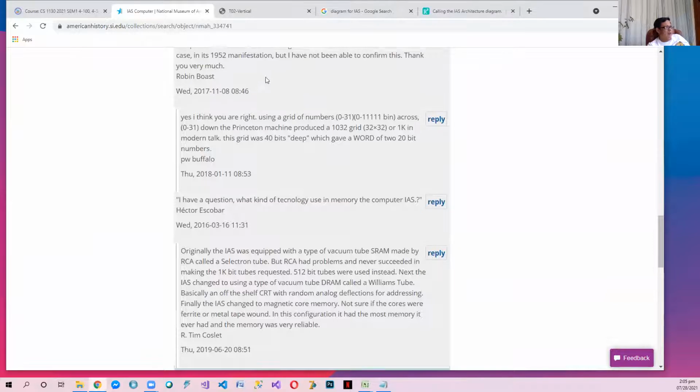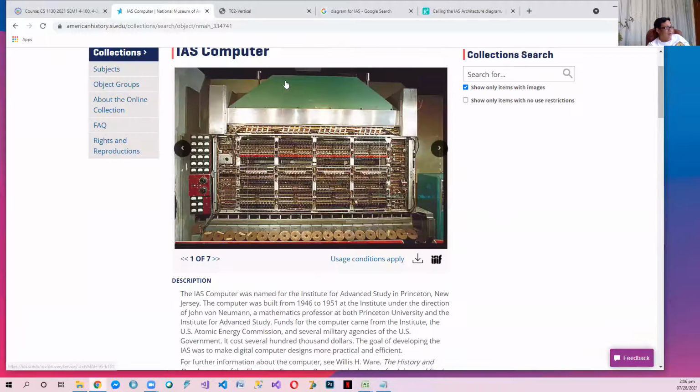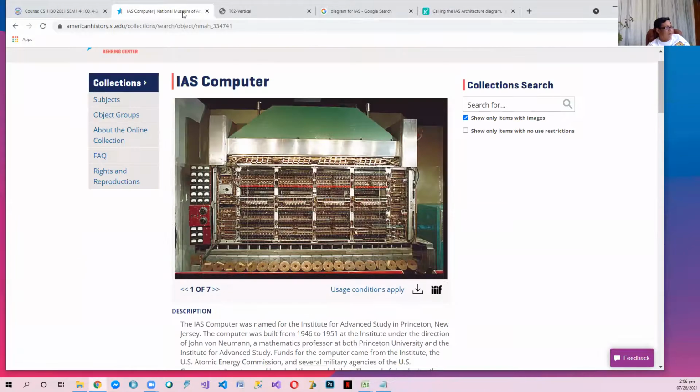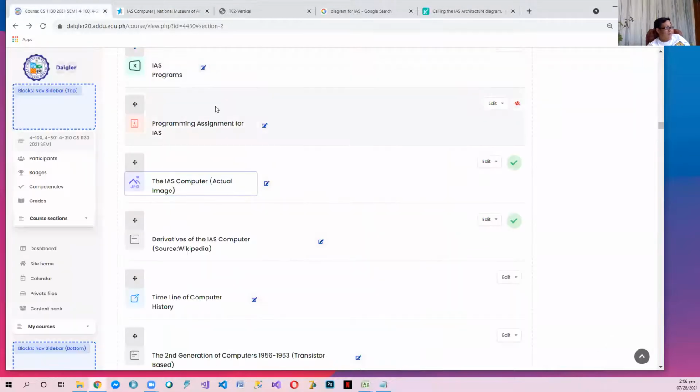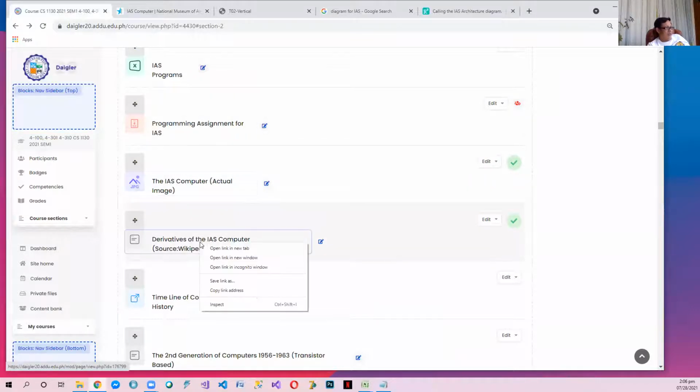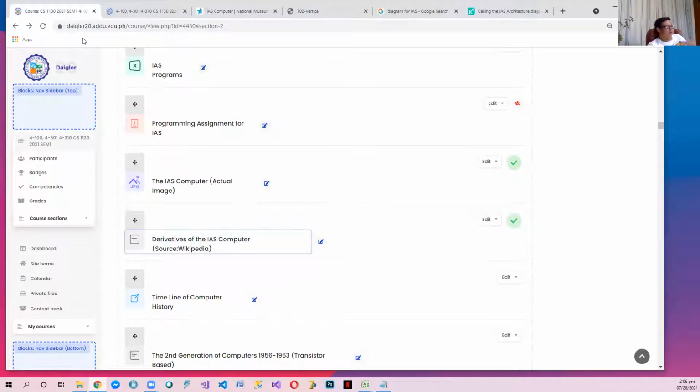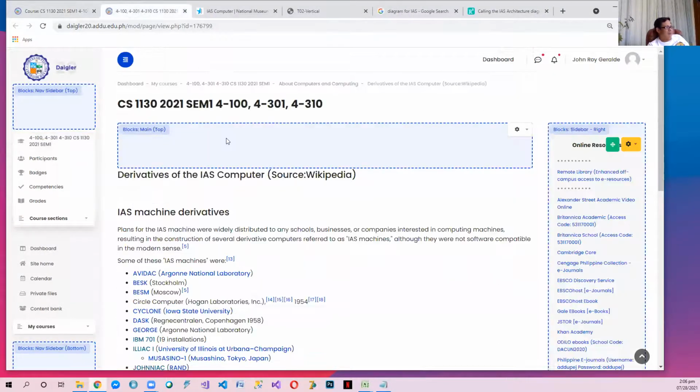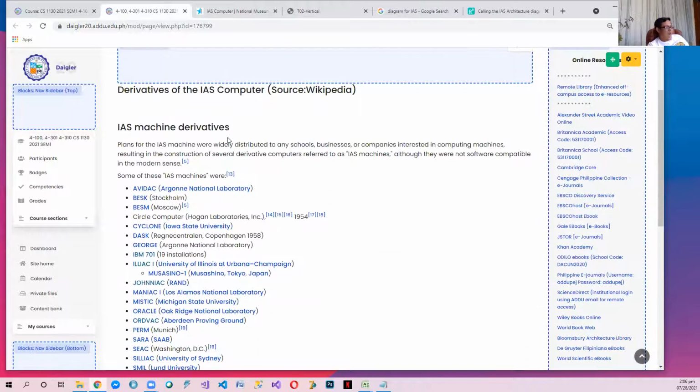Okay. Now, before we proceed, there's a part here involving the derivatives of the IAS computer. Before we go into programming, let's look at this. This is from Wikipedia. What are the derivatives? Which means what were the computers that were invented after the IAS machine?